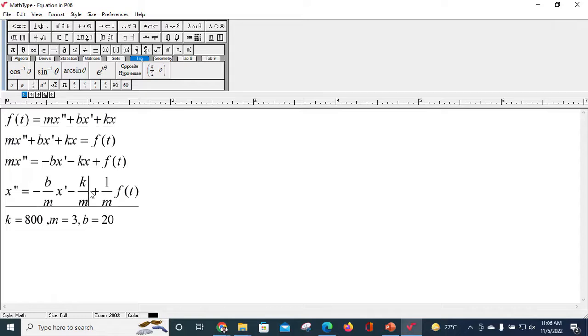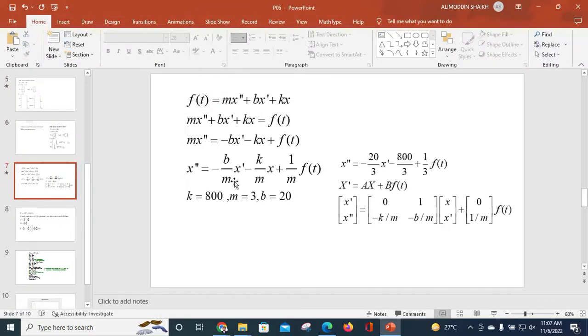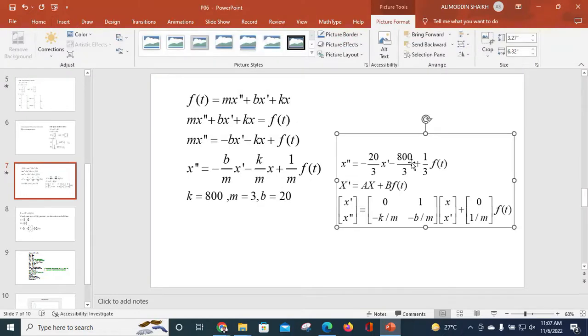Now if you put the values of k, m, and b here, x double dash will become minus 20 by 3 x dash minus 800 by 3 x. Again I forgot to write x here.